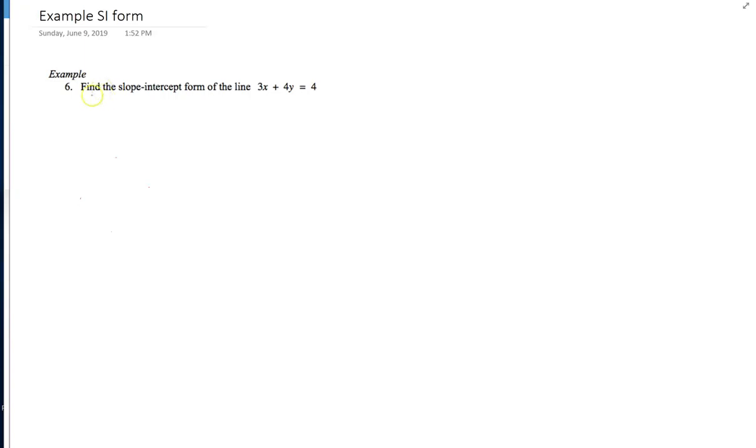Okay, so next we're asked to find the slope-intercept form of the line 3x plus 4y equals 4. And so the slope-intercept form again we said was y is equal to mx plus b. So 3x plus 4y is equal to 4.